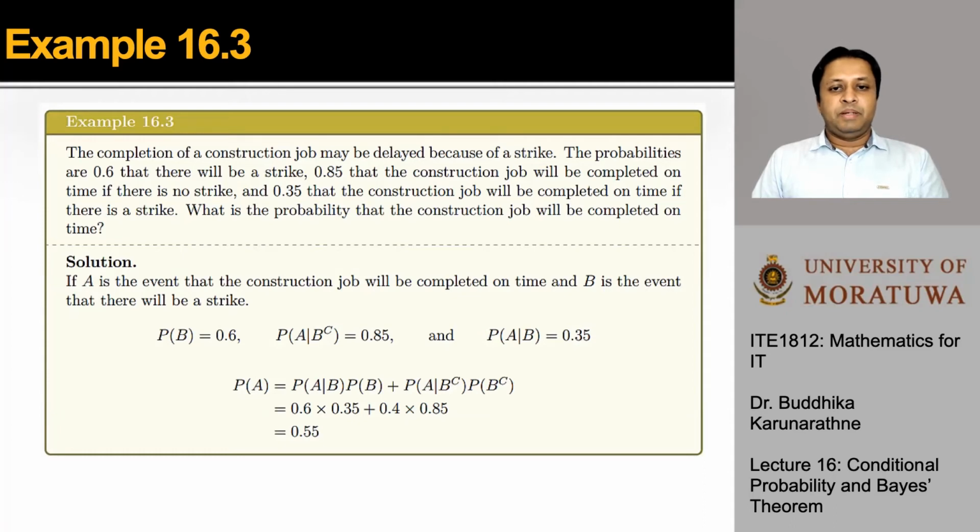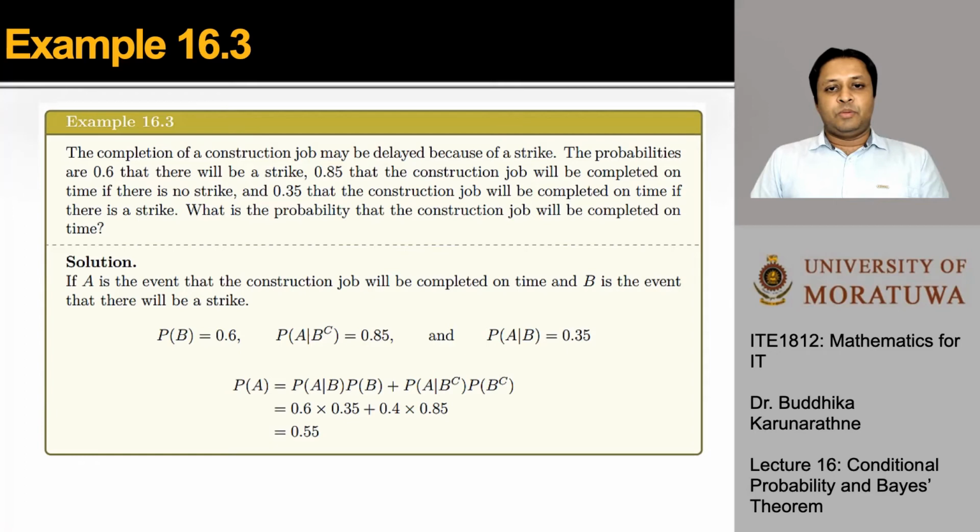B complement is there is no strike. So P(A given B complement) is 0.85, that is given. And P(A given B) is 0.35 because that is also given.